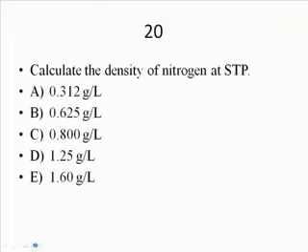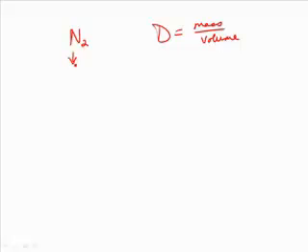All right. Calculate the density of nitrogen at STP. Alright, nitrogen is N2. Think of the units. Density is a mass per volume. Okay, since I know it's nitrogen, I know that the molar mass is about 28 grams per mole, and I can use that, 28 grams for my mass, as long as when I find my volume that I use 1 mole.